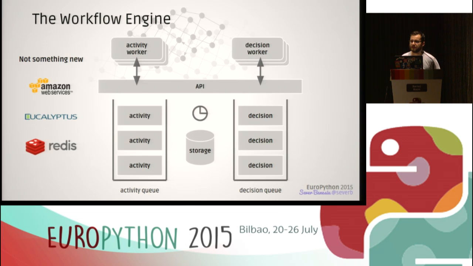So this is not something new. This kind of workflow engine is implemented and provided by the Amazon SWF service. It's also available as an open source alternative in the Eucalyptus project with the same API that Amazon has. There is also a Redis-based engine similar to this in the works that I know of.